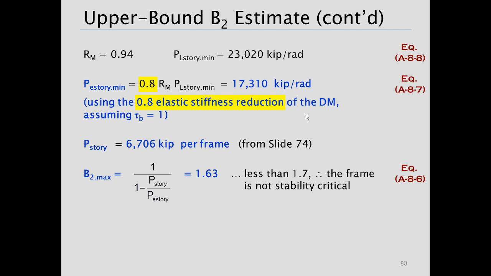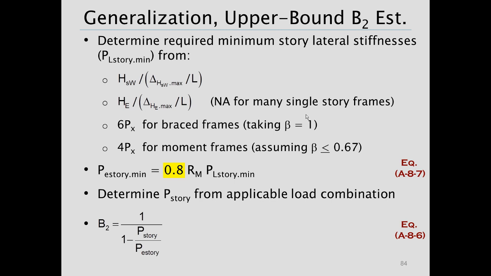All right, well, let's generalize what we just did here. We need to determine generally required minimum story lateral stiffnesses. So PL story minimum can be determined from our service wind limit in the first sub-bullet here, and the seismic drift limit. Now, if you have a single-story frame, that drift limit can be excluded as long as your walls, etc., in the structure are able to take the larger drifts without damage.